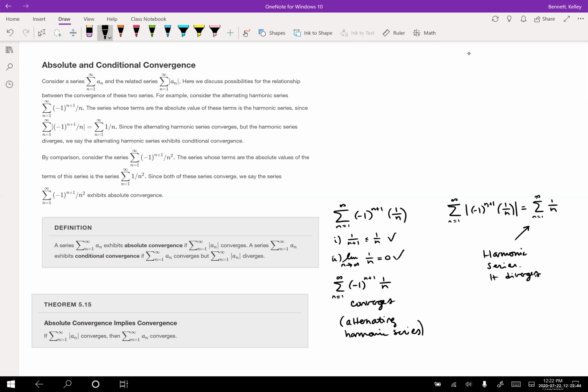So this is an example of what we call conditional convergence. We have that the regular form converges, but when I take the absolute value of it, it doesn't converge, it diverges. So this is an example, again, of conditional convergence. If instead they both converged, we would have what's called absolute convergence.